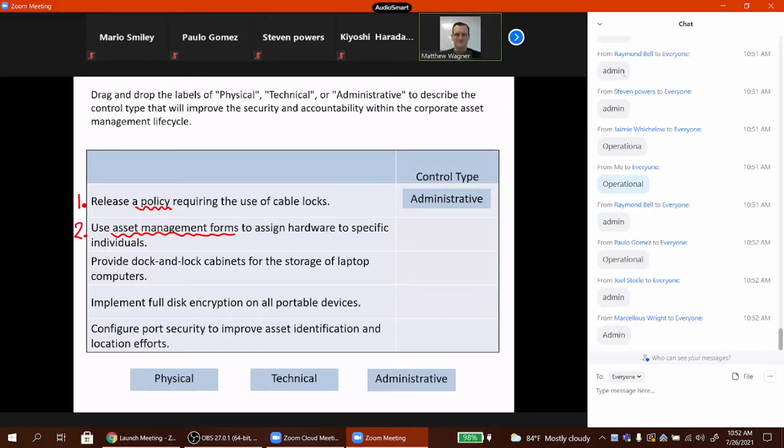Ultimately, asset management forms themselves are the control in question, and this is a very bureaucratic sort of managerial type of mechanism. This is administrative. And you're probably thinking to yourself, well, if that isn't physical, what's an example of a physical control?